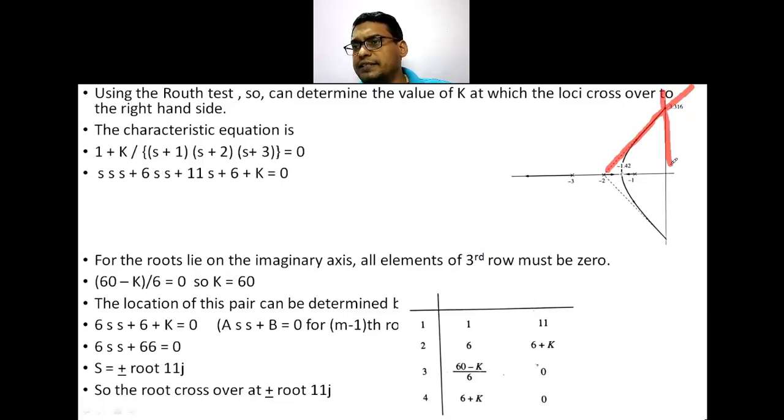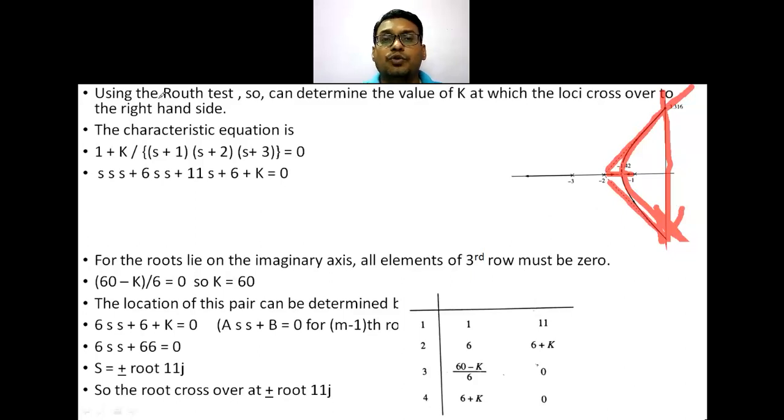So my branches will become unstable once they cross this imaginary axis. Now, what values of k will be considered stable?